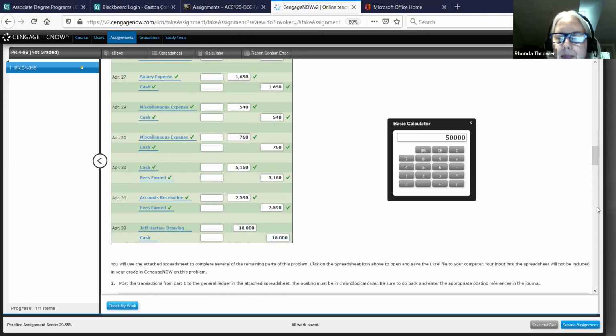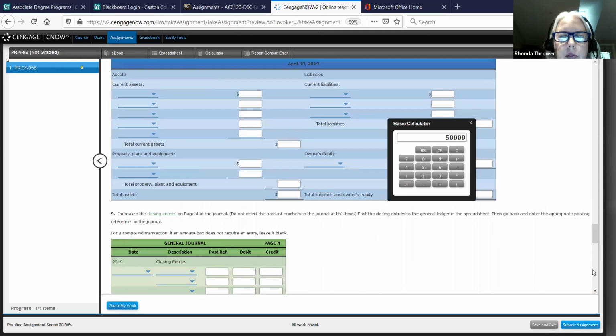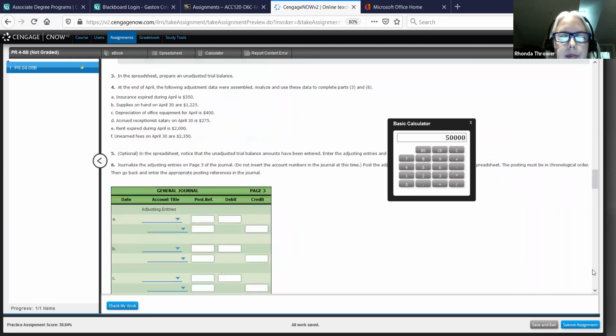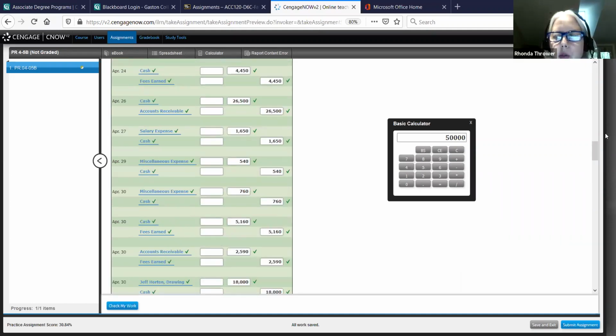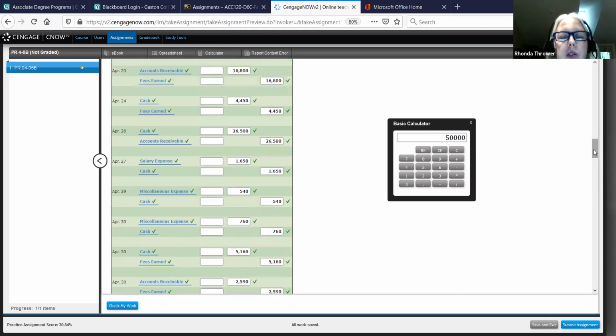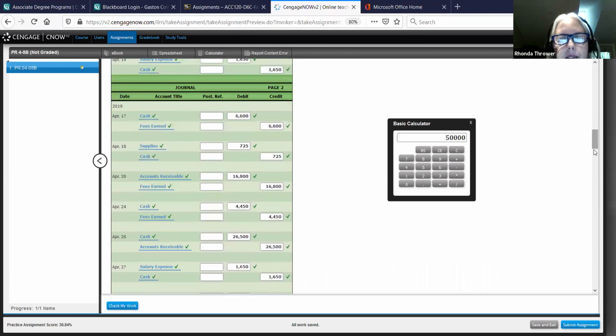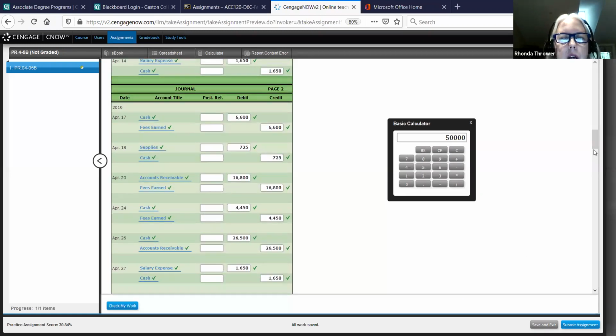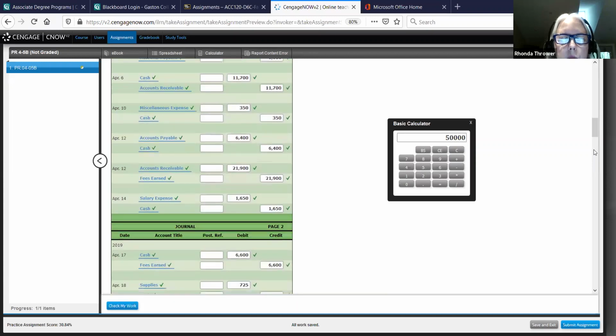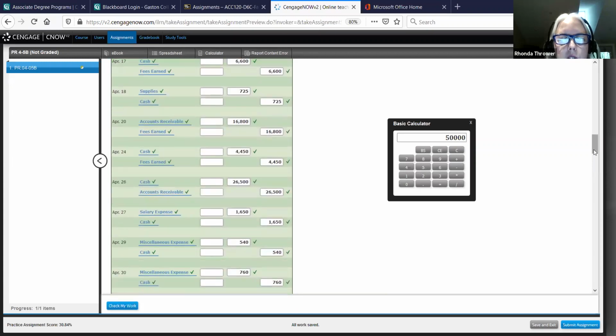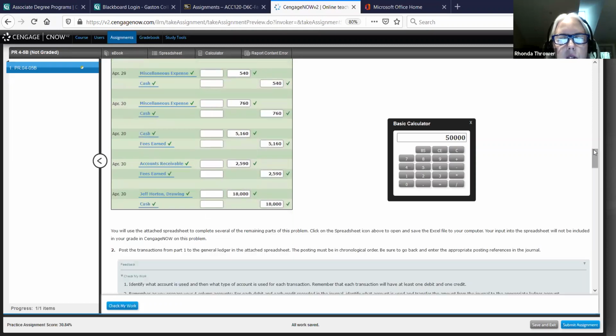And then I'm going to check my work again on this last one here for the original entries. These are what I like to call original entries. They're the day-to-day entries that you're going to run into on a daily basis. And you can see here that we've got all of our journal entries recorded. We recorded them in 2 separate journal pages because there were a lot of transactions.